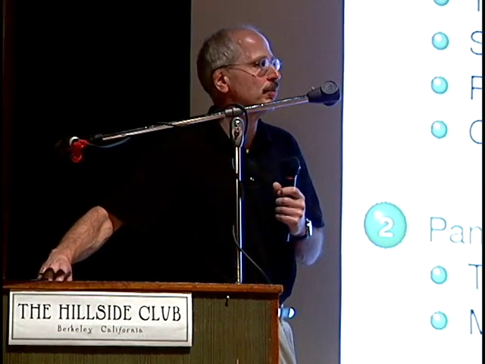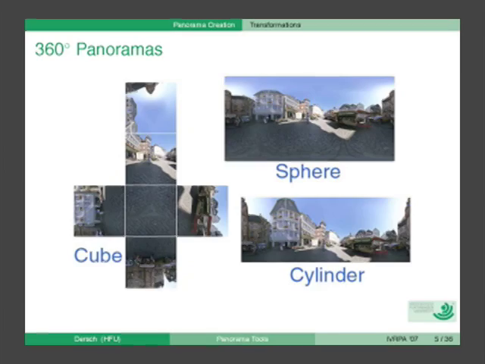Now we start with what we are after. 360-degree panoramas in the most often used mappings: cube with the 6 faces, sphere or equirectangular, or cylinder.